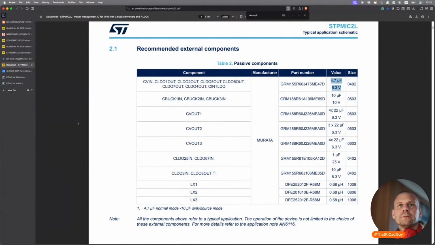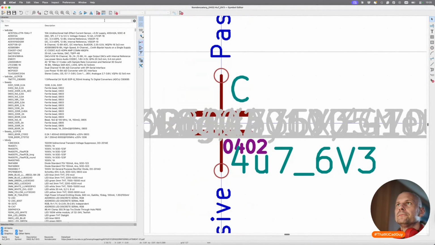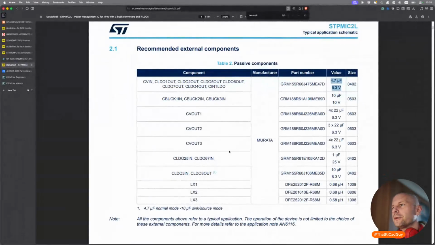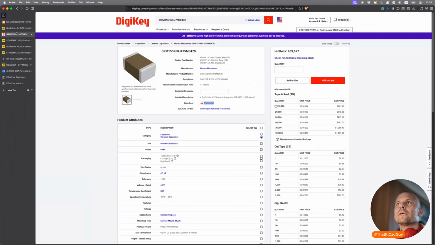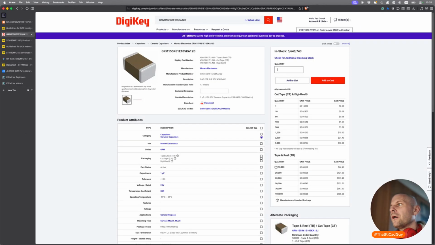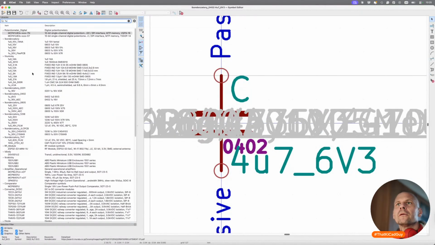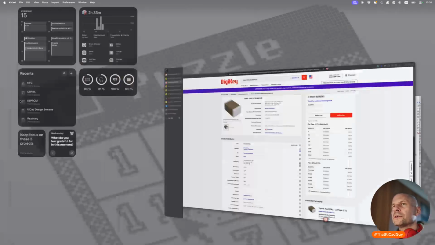Yeah, and they probably mention the part number. X5R. Oh, 5 million in stock. That's a popular cap. 1 micro to 25 volt. Okay, and yes, 0402.